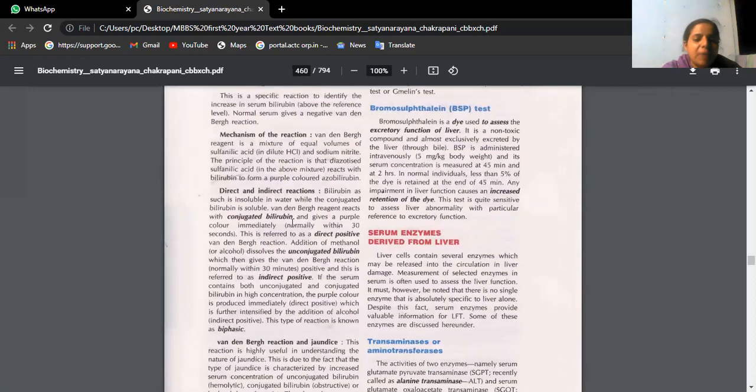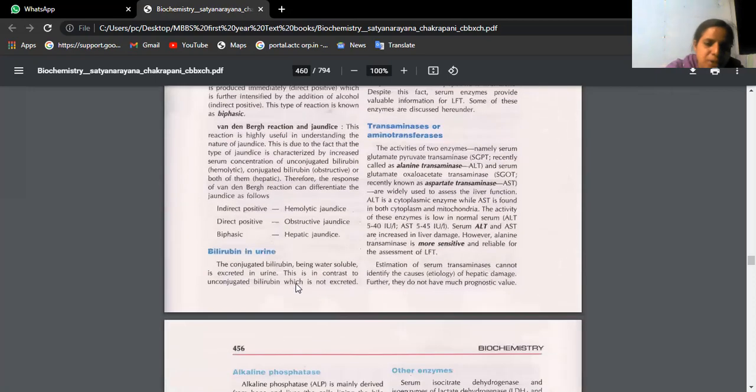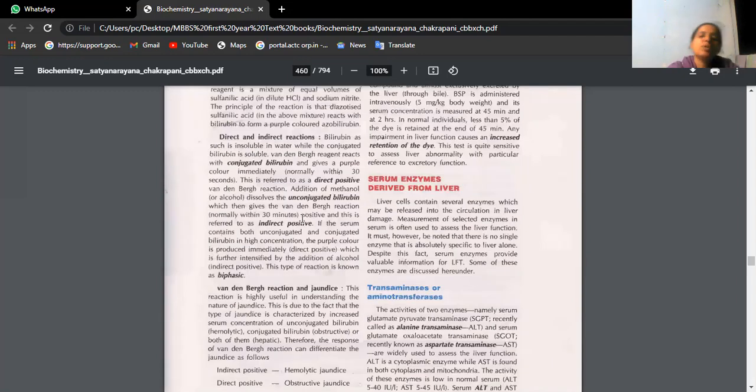Now listen carefully. For Vandenberg's reaction, basically we have three types of jaundice: hemolytic jaundice, obstructive jaundice, and hepatic jaundice. Suppose a patient has come to us and we don't know what type of jaundice it is.